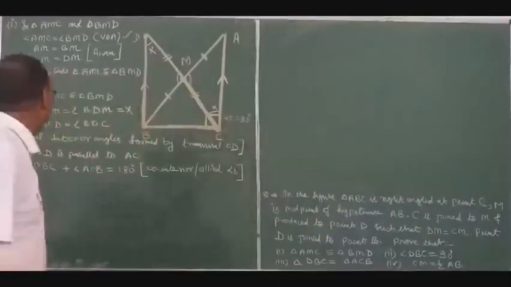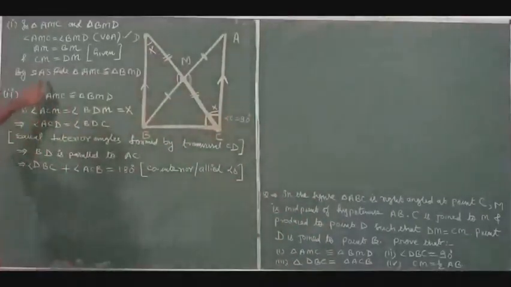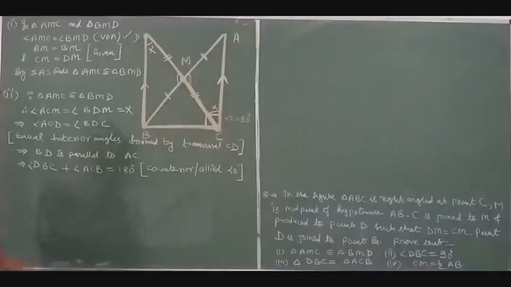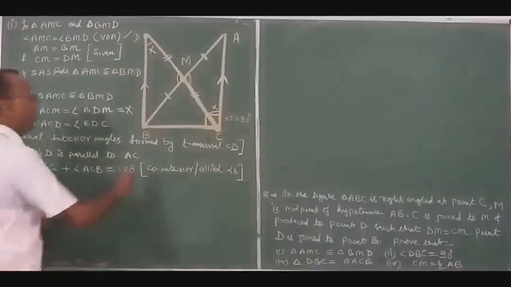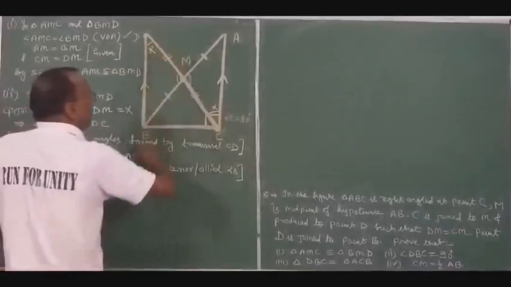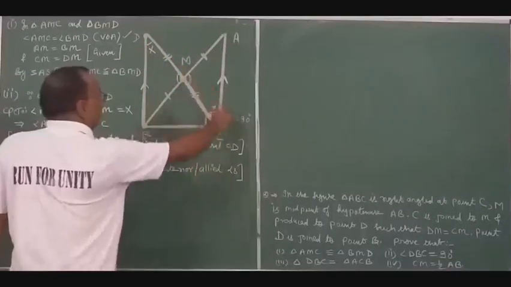Now just look here. Since triangle AMC is congruent to BMD, then by CPCT, what will happen? This angle BDM is equal to ACM.